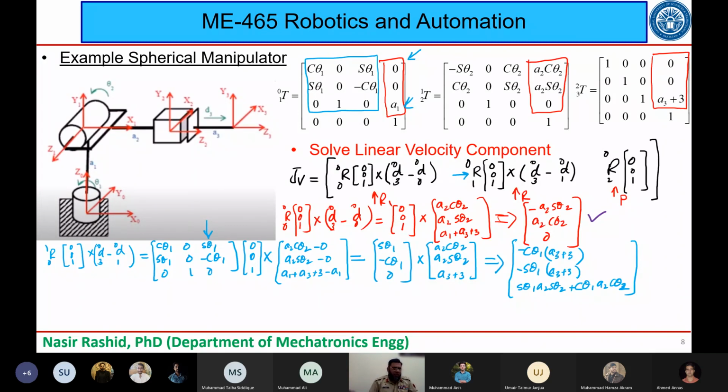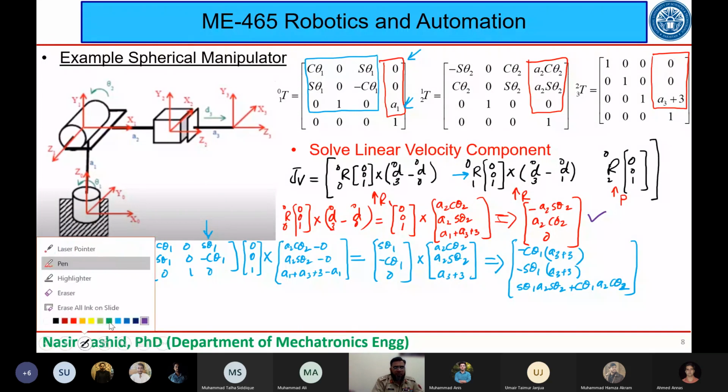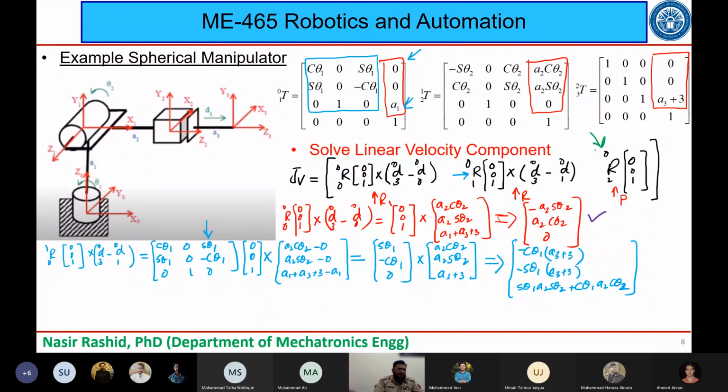Now let us talk about the third portion, ये वाला। इसके लिए let me take another color। So now I am going to talk about this, ठीक है। So what I am interested in, I am interested to find out, let me just write it down here। So R2 to 0 multiplied by 0 0 1। अच्छा, हमें पता है कि R2 to 0 किसके बराबर है?